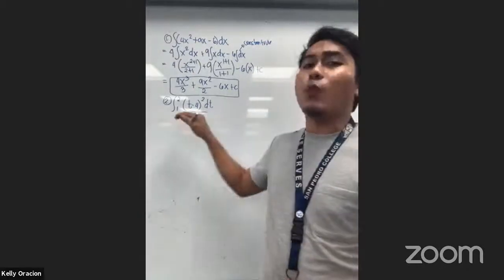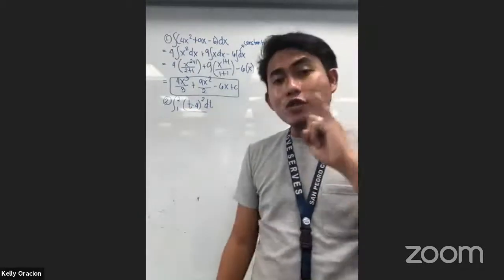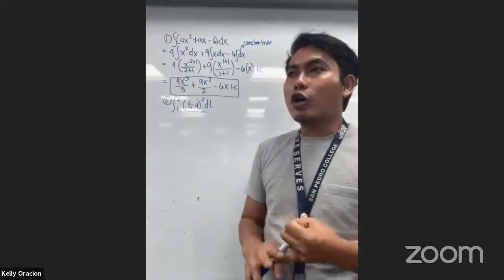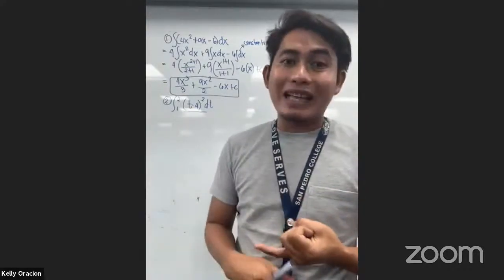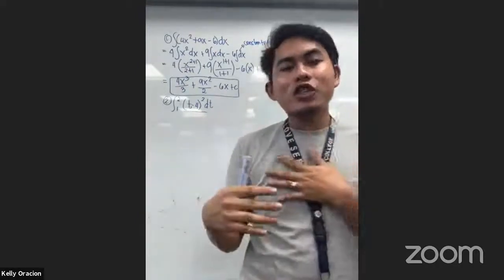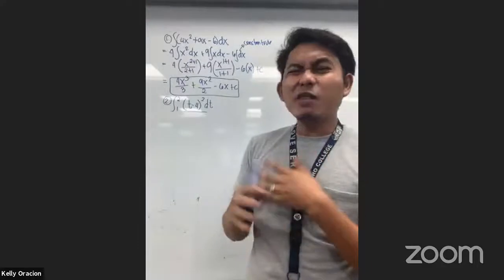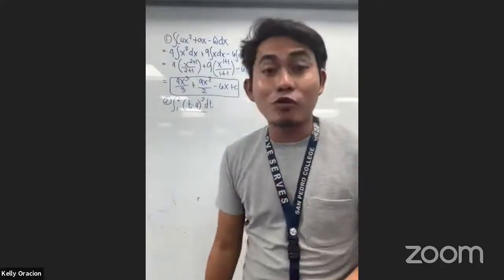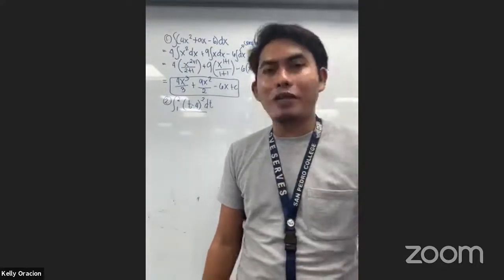Now, there are two ways to solve this. First, you can use integration by substitution. But I suggest that if it can already be simplified or expanded, don't use integration by substitution.